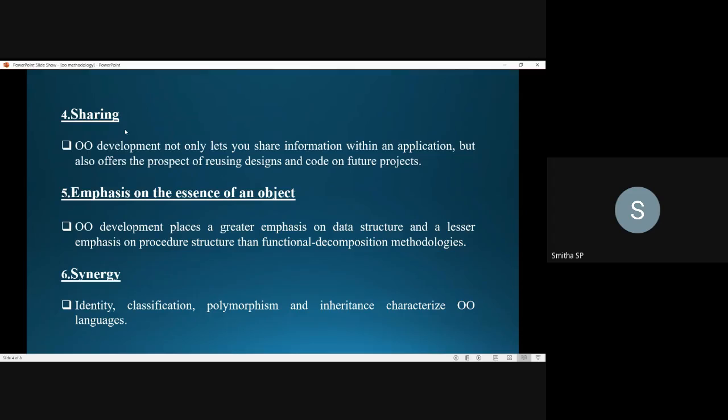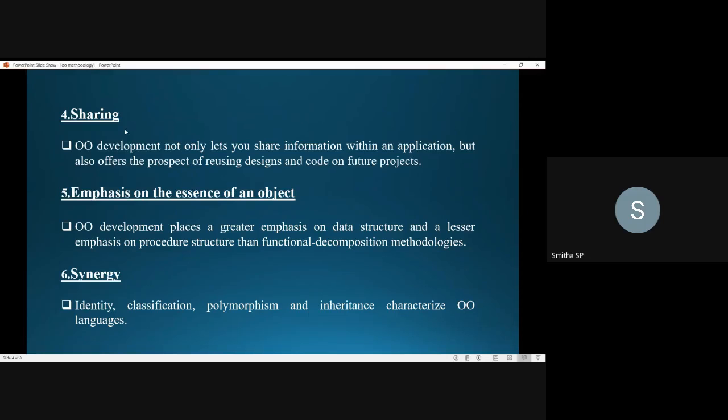Next theme is emphasis on the essence of an object. We all know that object-oriented technology stresses what an object is rather than how it is used. So, object-oriented development places a greater emphasis on the data structure rather than functional elements or methodologies.